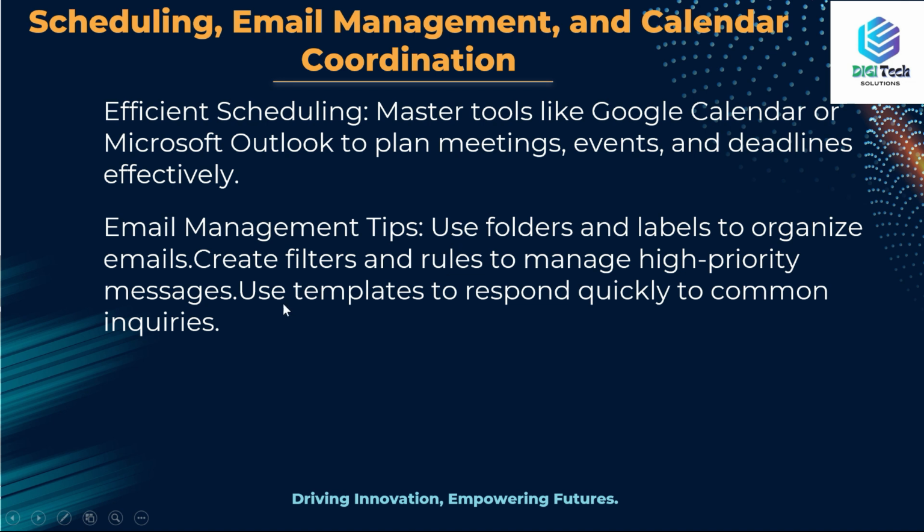When you learn how to create folders, you should be able to access your emails according to their organization, by giving them labels or any naming ID that can be easily referenced. Now create filters and rules to manage our priority messages. Use templates to respond quickly to common inquiries.